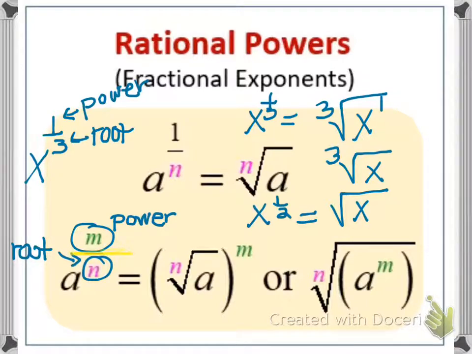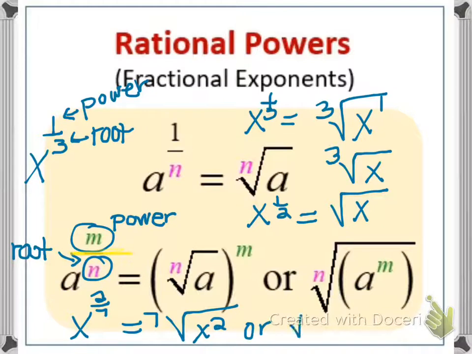So for instance, say I put x to the 2/7. Okay, that would be like saying the 7th root of x squared, or the 7th root of x squared, and either one of them means the same thing.